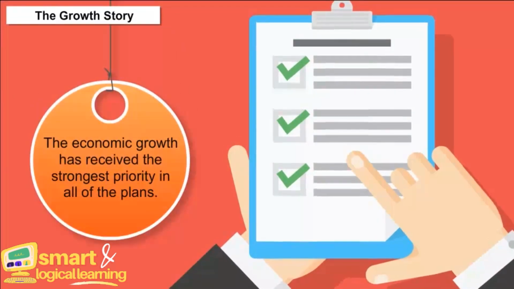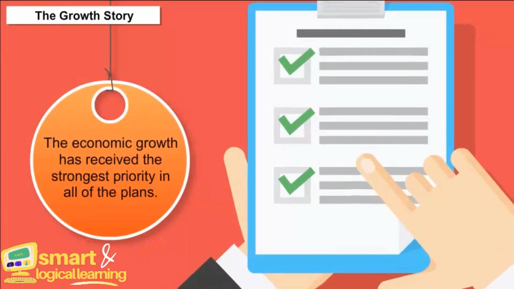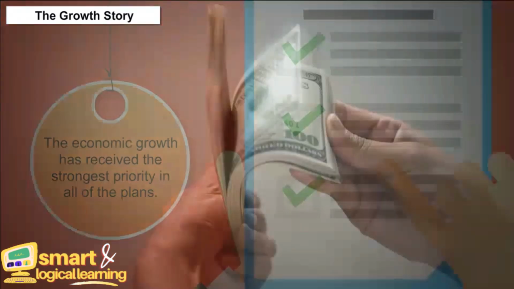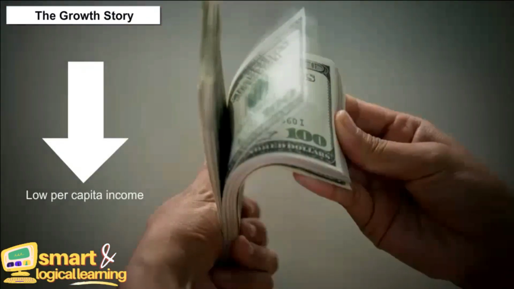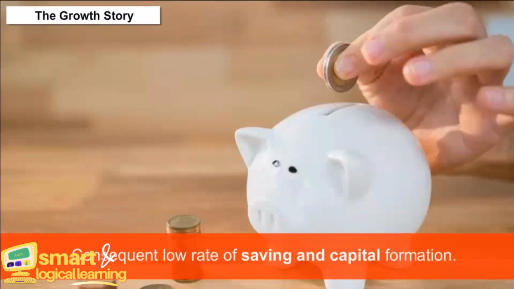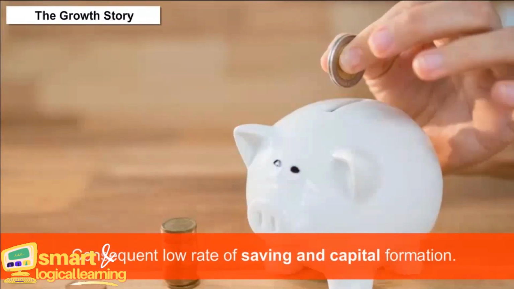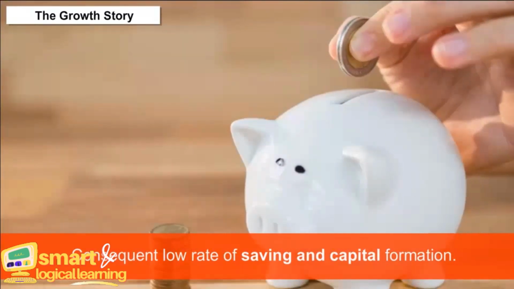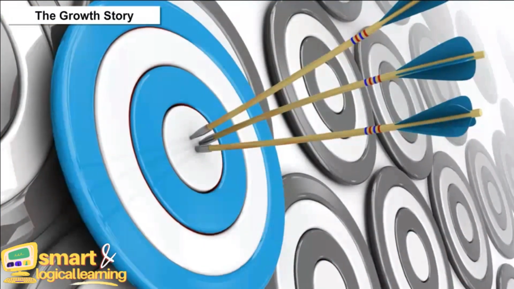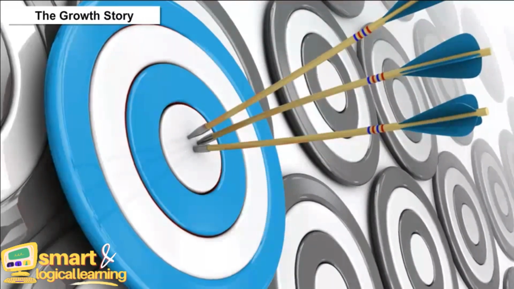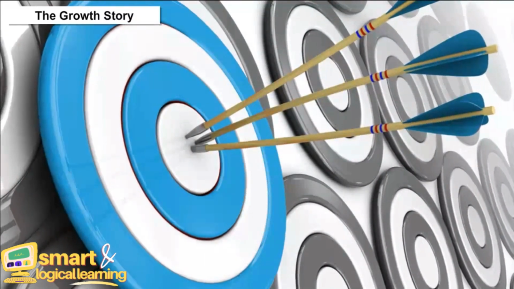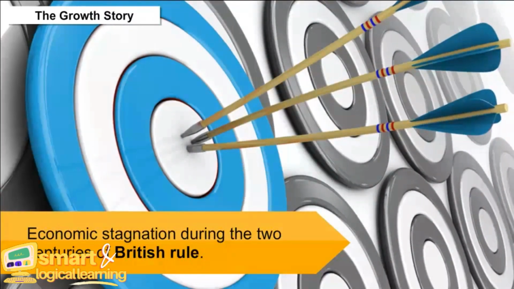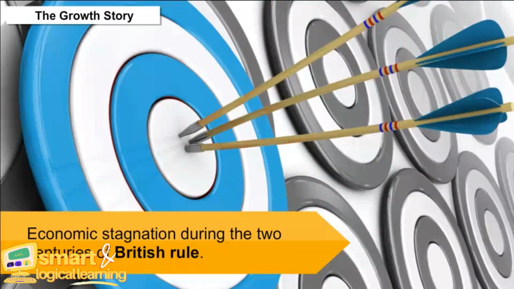Economic growth has received the strongest priority in all of the plans due to low per capita income and the consequent low rate of saving and capital formation. Indian economy required a boost. This objective seems totally justified, particularly in the context of economic stagnation during the 2 centuries of British rule.